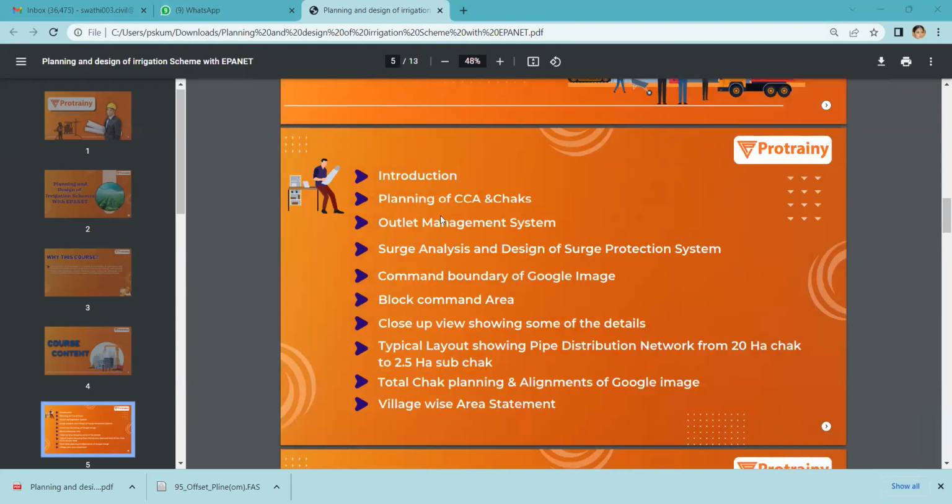Outlet management system means every chalk is subdivided to a single outlet. That means the main pipe is connected to the sub pipe, divided into the single OMS.